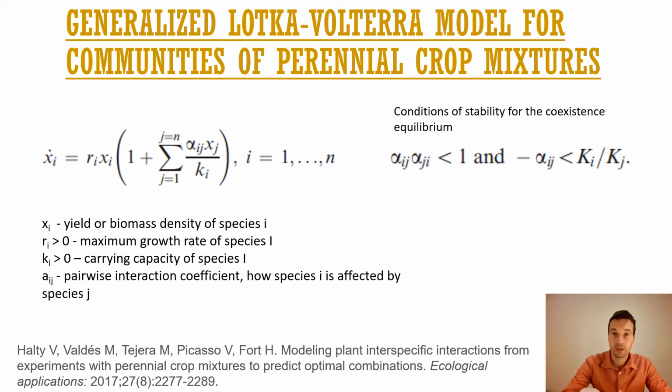This model has 4 equilibrium points. Complete extinction, which is always unstable, exclusion of one species, and coexistence of both species. It turned out that the estimated values of the parameters, carrying capacity of species and a pairwise interaction coefficient, for some species combinations break down conditions of stability for coexistence equilibrium, and thus would imply that the coexistence equilibrium is unstable.